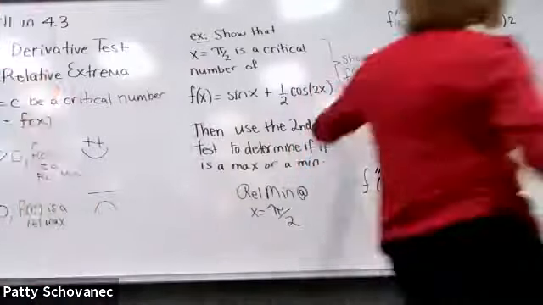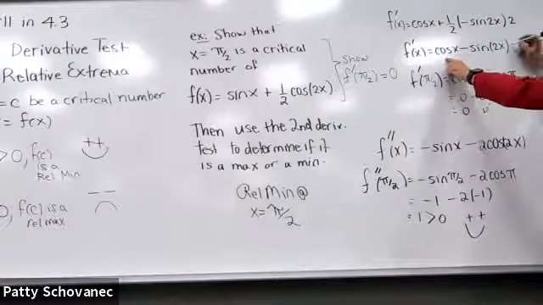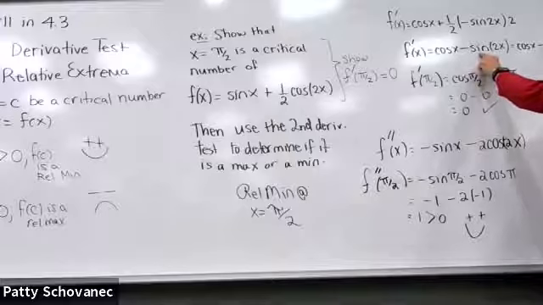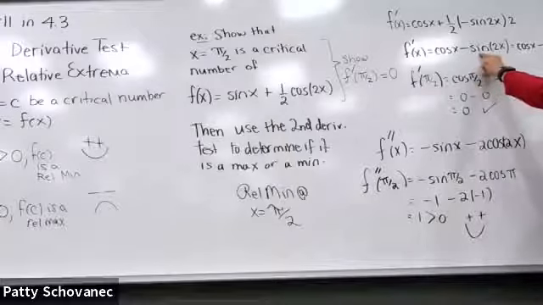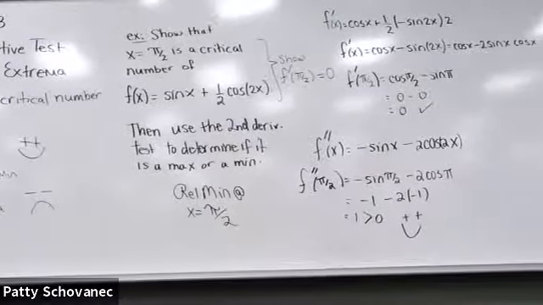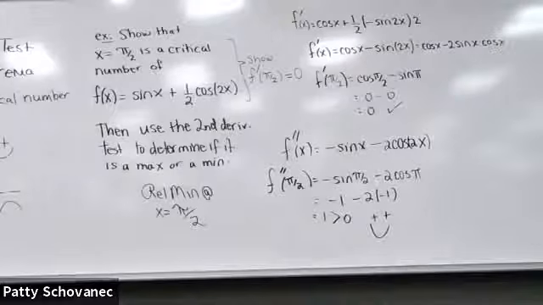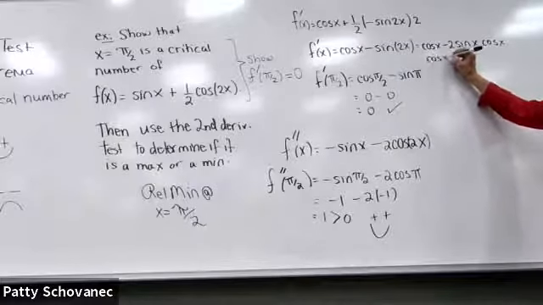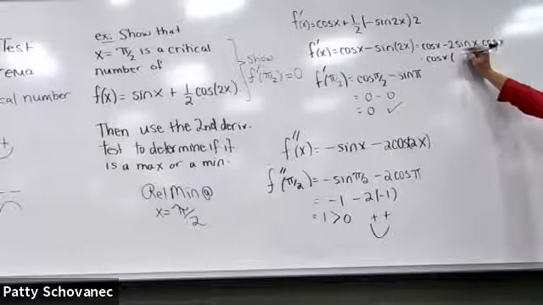So you want to know how I got that number. Yes. So this is the same as the cosine of x minus 2 sine x cosine of x. Then factor the common factor of cosine of x, and I get 1 minus 2 sine of x.